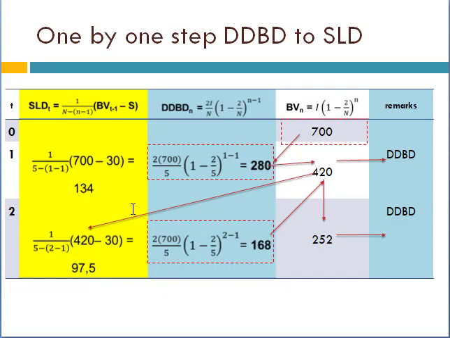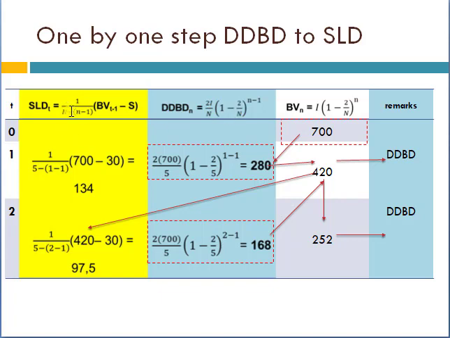Now we are going to use a table of depreciations. Just put two different formulas: SLD, special for the DDBD to SLD conversion method, and DDBD, the original formula.